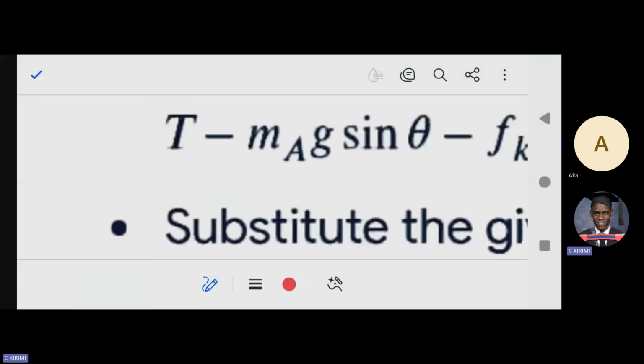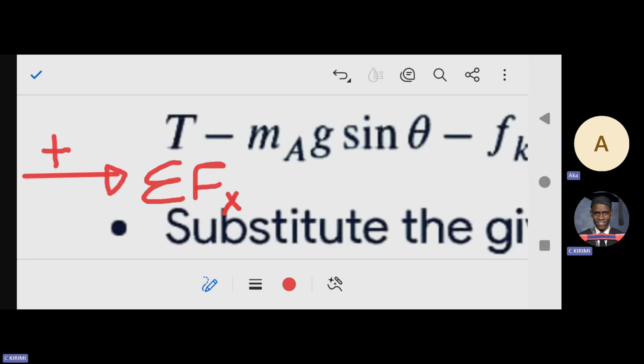What I always tell you, taking the right side as positive, all the sum of forces in the X direction don't give you zero this time. They must give you what? The mass times the what?